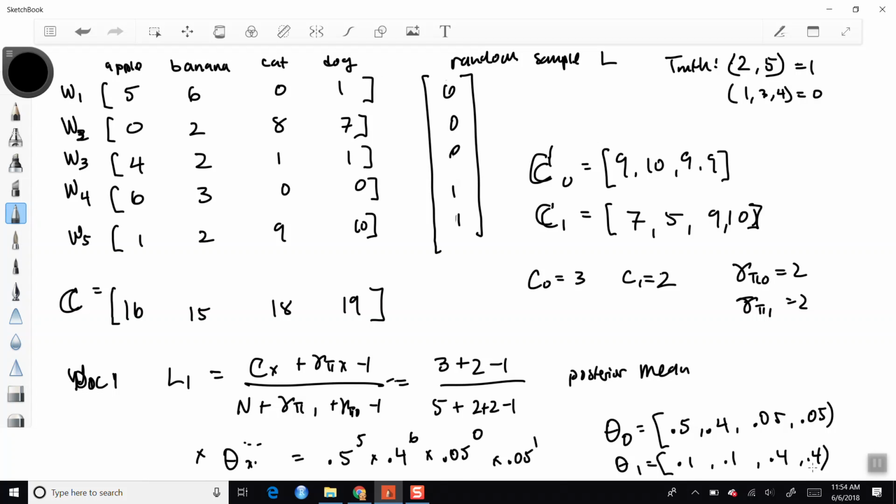We would have different probabilities there, and the posterior probability, considering all of this, will say that based on this vector, it's going to be class 0, because class 0 aligns much closer to the counts of the words that we've seen.